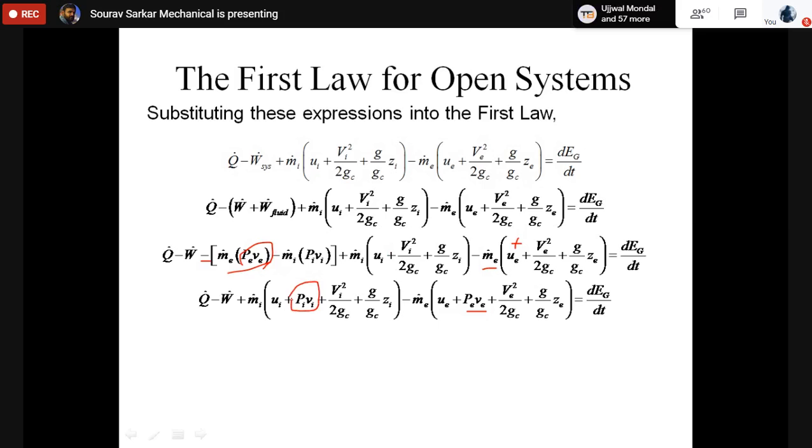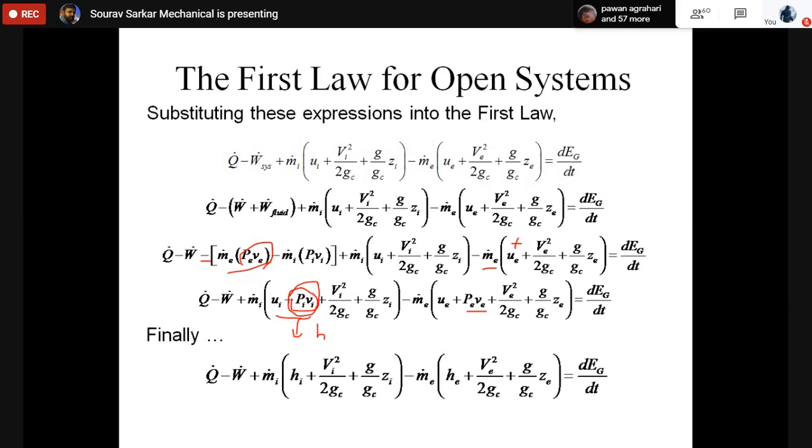So finally this U plus Pv is defined as enthalpy. Now you can understand the definition of enthalpy, what you have read in your class 12, that enthalpy is basically the internal energy plus the flow energy. So this is the flow energy you have studied in class 12. Now you understood how you got the flow energy.